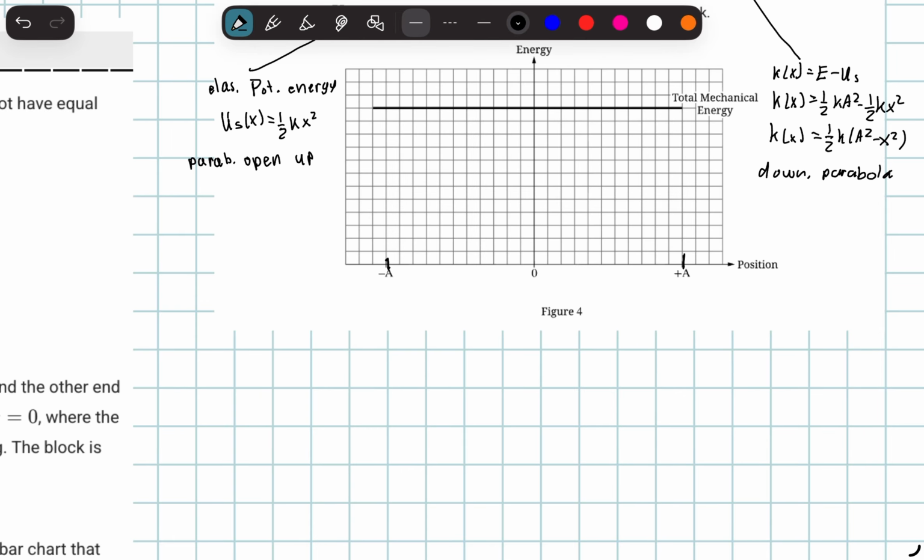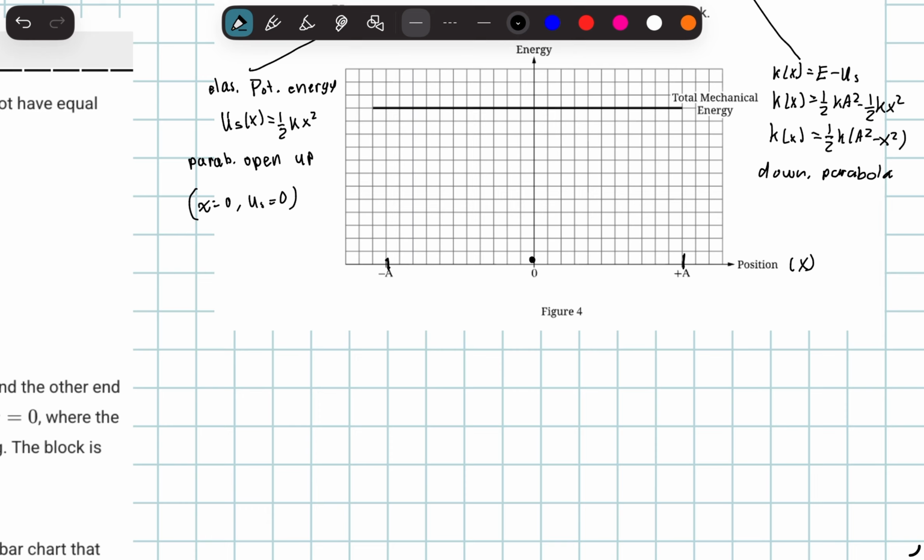So for the elastic potential U_S, it's going to be an upward parabola. At x equal to 0, you are going to have U_S equal to 0 as a point. So at your x equal to 0, you're going to be at 0 as well.